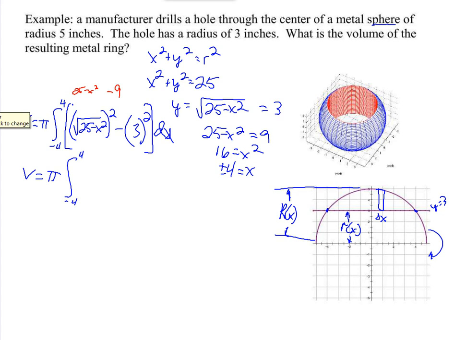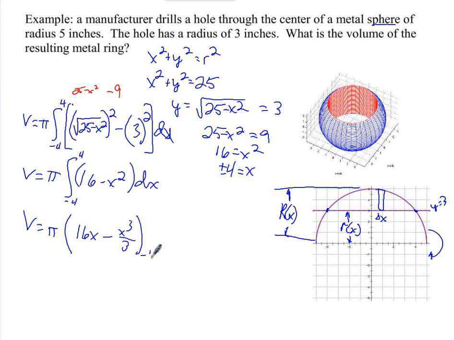So combine like terms and we have 16 minus x squared. Okay? All right, V equals pi times the integral from -4 to 4.